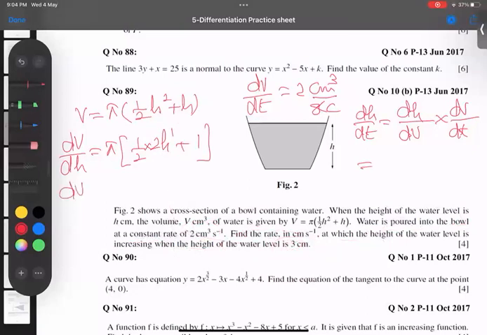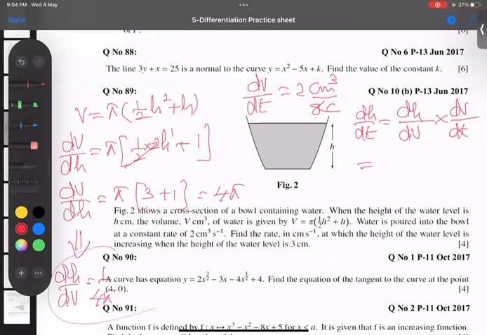So dV over dH gives you pi, and after simplifying I get 3 plus 1, 4. 4 pi is the value of dV by dH. But if I take the reciprocal, what happens? dH by dV gives you 1 over 4 pi. This value I'm going to plug in here, 1 over 4 pi, and this value is given already by him too.